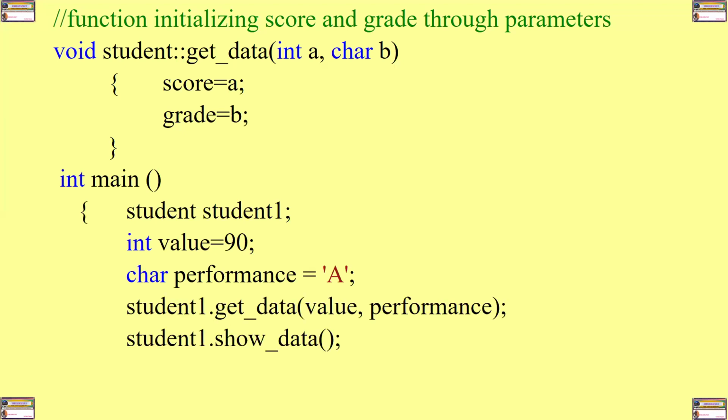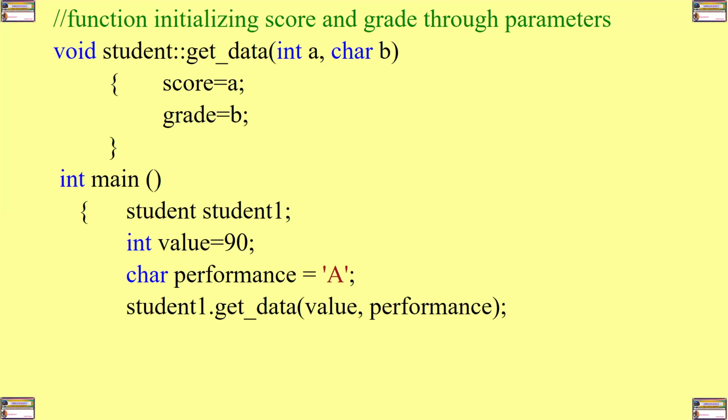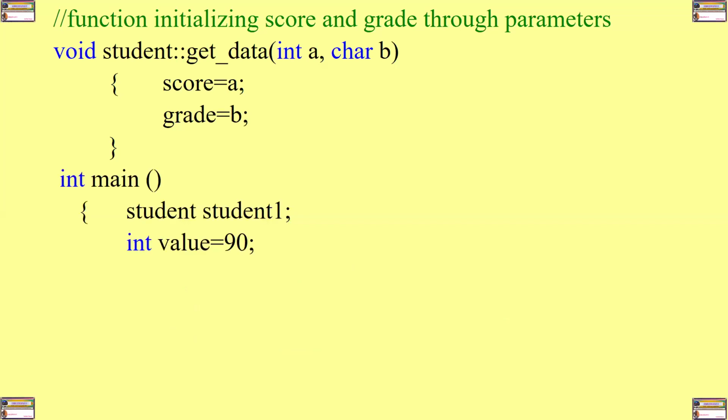Once that is done, the compiler will go back to the main function and invoke the next statement after the getData statement is done. So it will invoke showData. The compiler will go and look for showData, which is accessible through the object called student1. So it will look for student1.